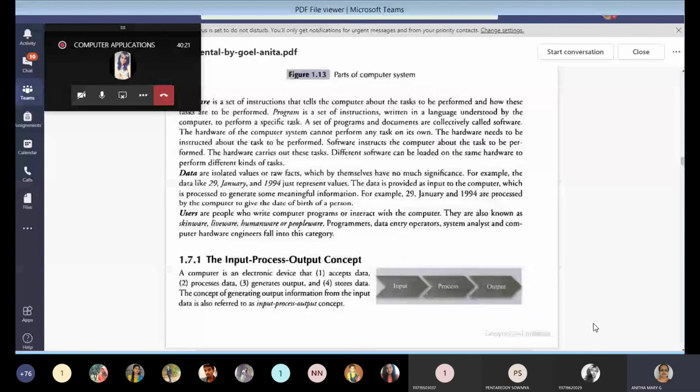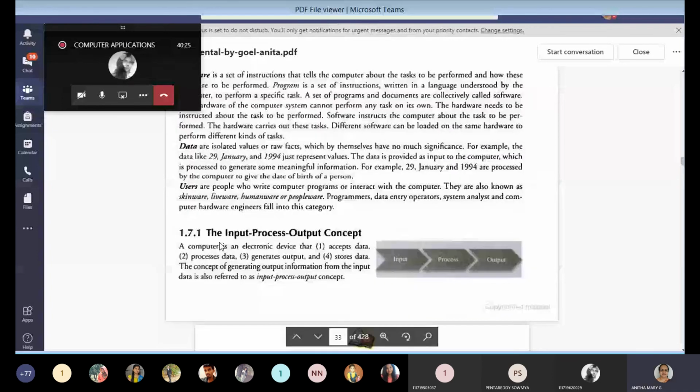Okay. So the next subheading you can write down under computer system, first subheading: input process output concept. Here what is happening is that the computer is an electronic device which is going to accept the data, that is, what we give through the input keyboard.